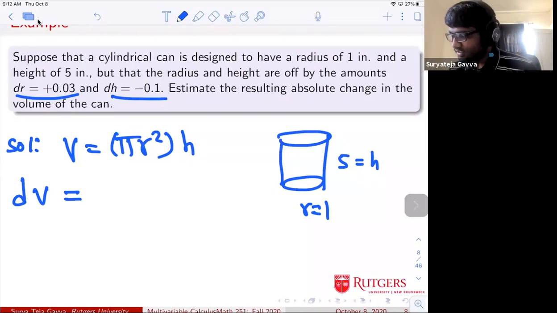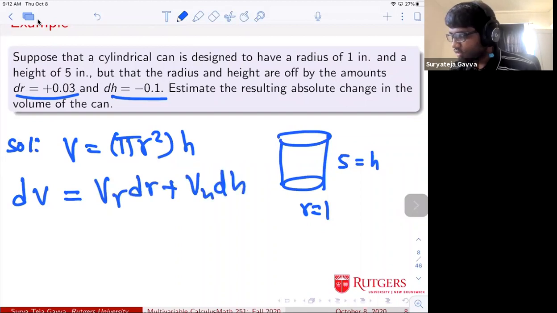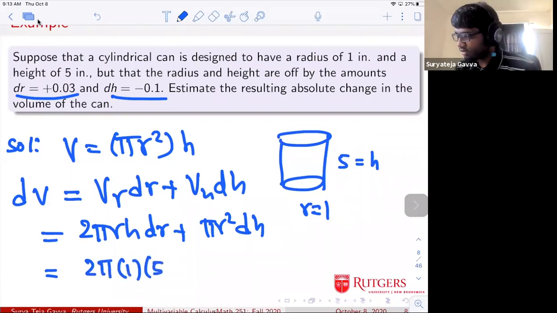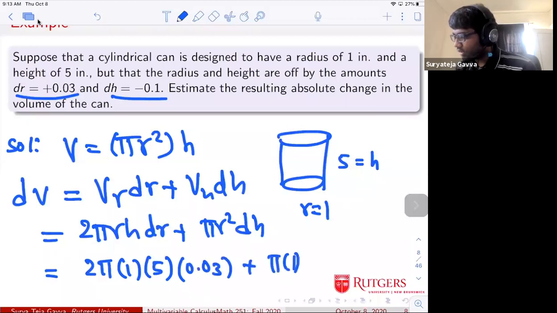This is V_r dr plus V_h dh. V_r is 2 pi r h, so 2 pi r h dr, plus V_h is pi r squared, so pi r squared dh. Now let's compute all of them. We are given all these quantities, just plug them in. So 2 pi, r equals 1, h equals 5, dr is 0.03, plus pi times 1, dh is minus 0.01.